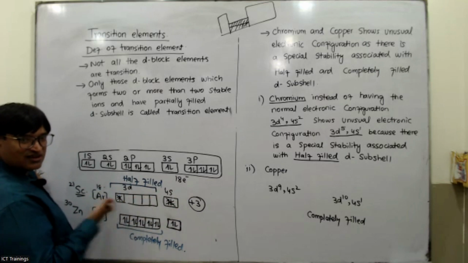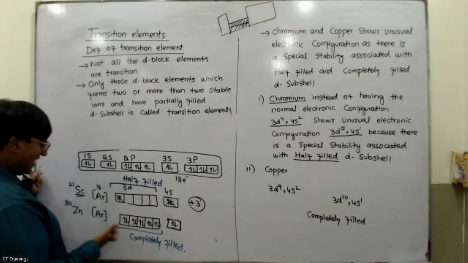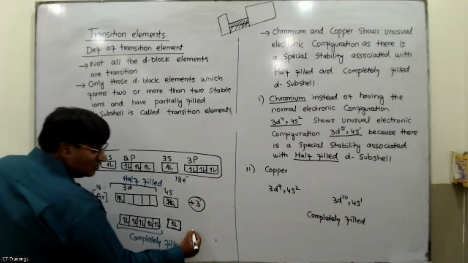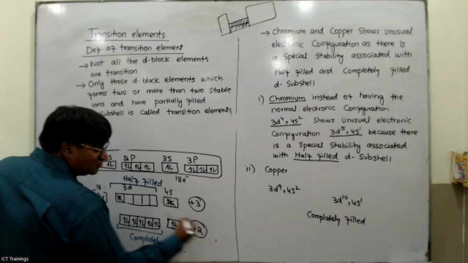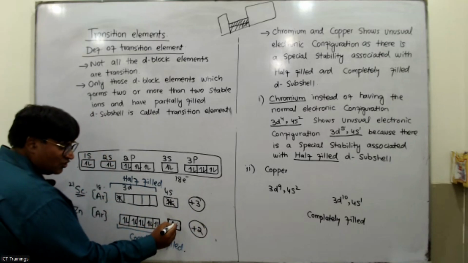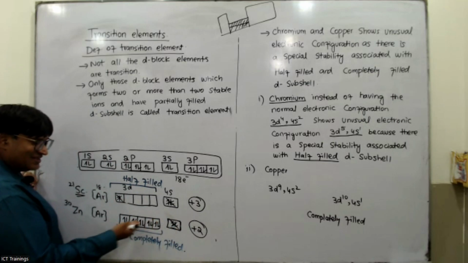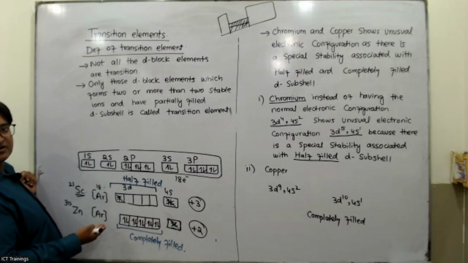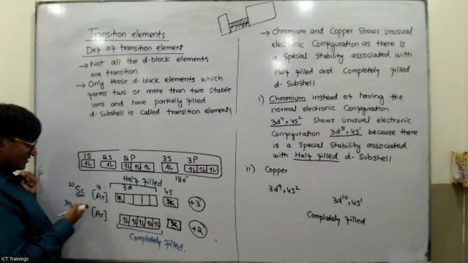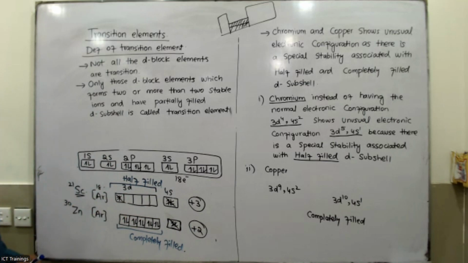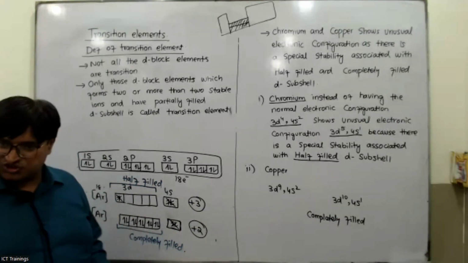And it forms only +3. So this is not a transition element. Just like that, zinc only shows the +2 oxidation state. So in +2 these two electrons go out, and the d subshell is completely filled. So that is why this is also not a transition element. So scandium and zinc both are not transition.